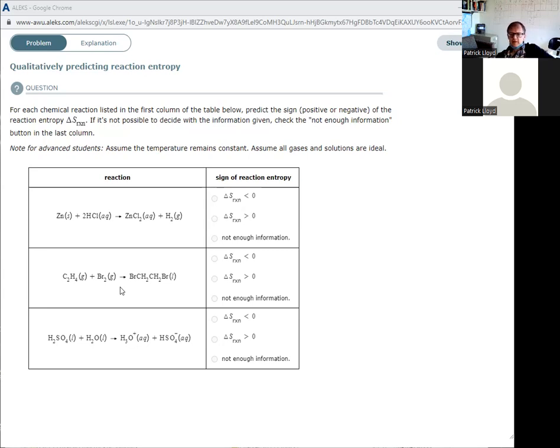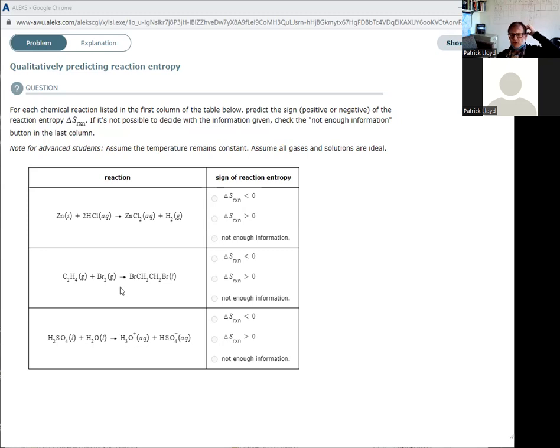So here's the way to analyze it. In general, solids have the lowest entropy, followed by liquids, followed by aqueous, followed by gases, meaning gases have the highest. Okay, so an aqueous solution has a lot, a gas has a lot, a solid has much less, and a liquid has much less.